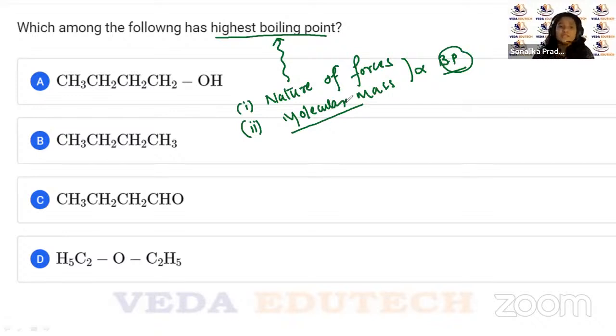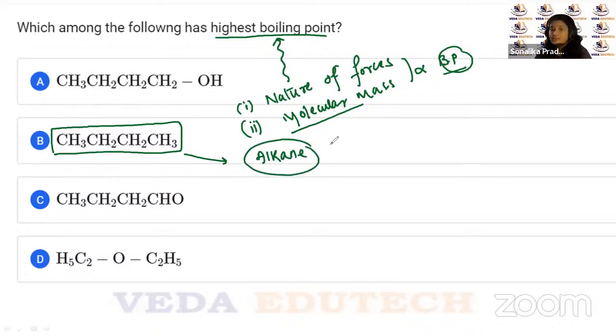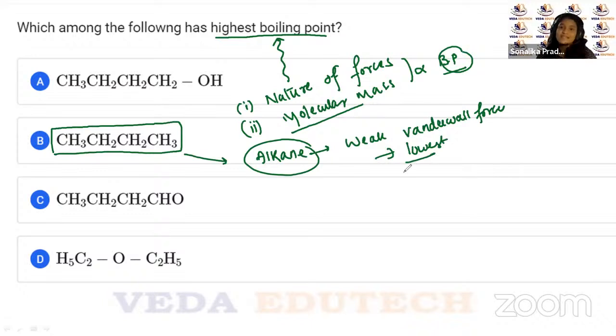So as we can see here, this one is your alkane. Alkane has only weak van der Waals forces, so can I say this is going to have the lowest? Yes, alkanes always have the lowest, so this is not going to be your answer.